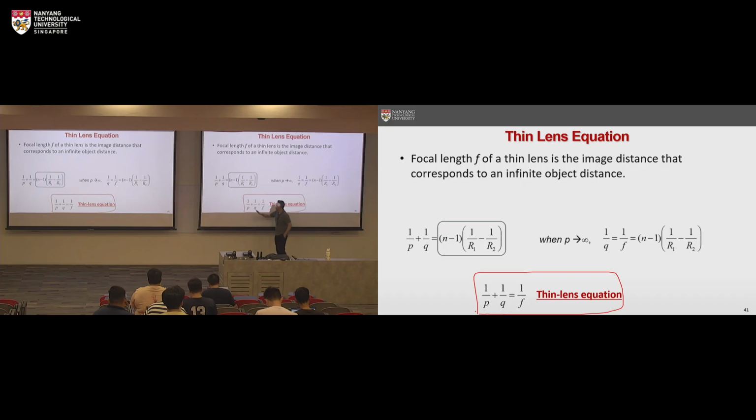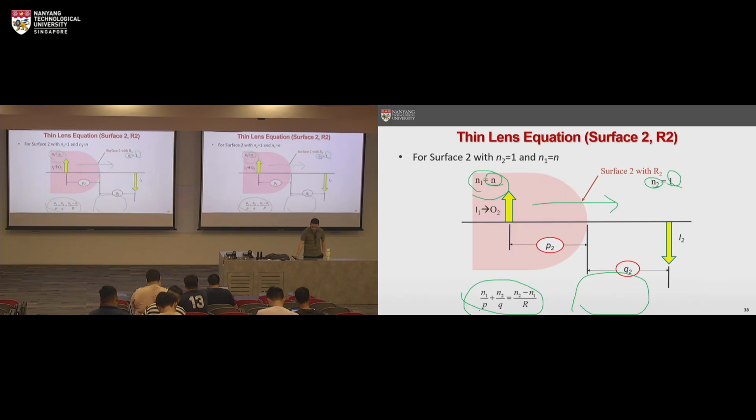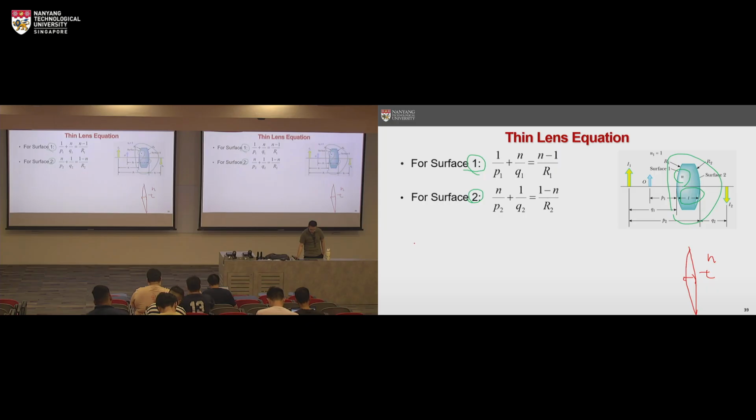The reason is originally we followed the most strict equation, which is the general equation of lens, when we considered the refractive index of the lens to be calculated. So that's why we have surface 1, meaning when the light goes into the lens, and surface 2, this equation represents when the light is escaping from the lens.